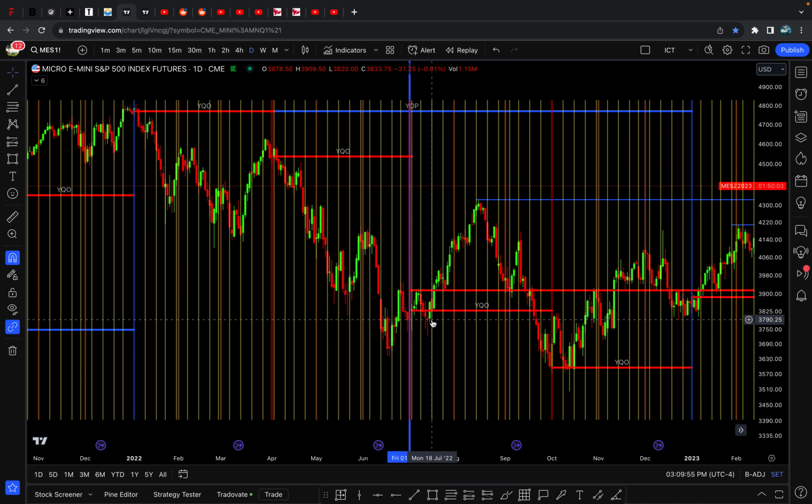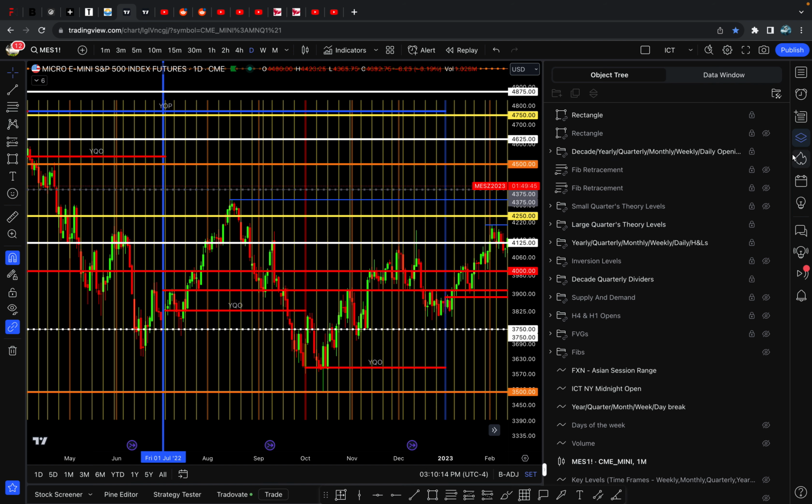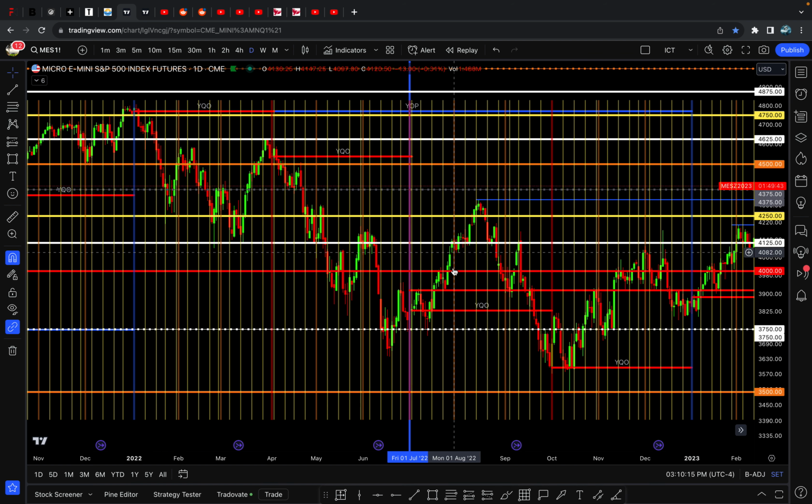Started off down here, went up here. We hit some significant level there that we hit. When I don't have my levels on, I gotta put them back on so I can see what's going on.